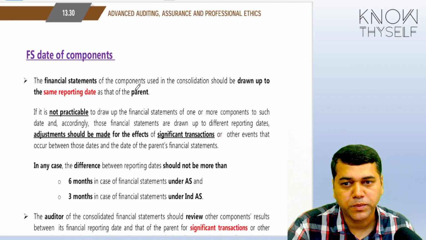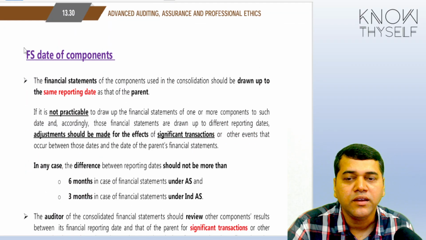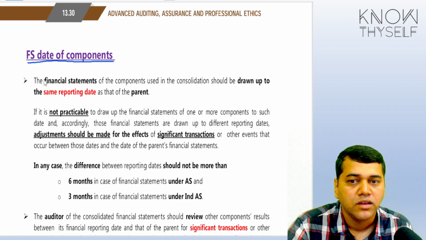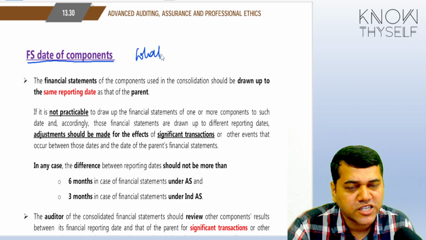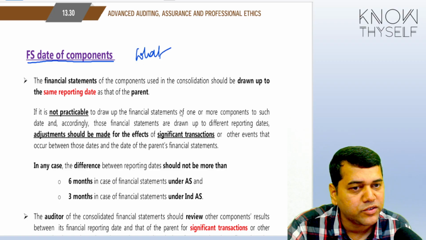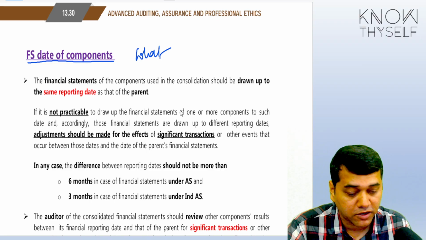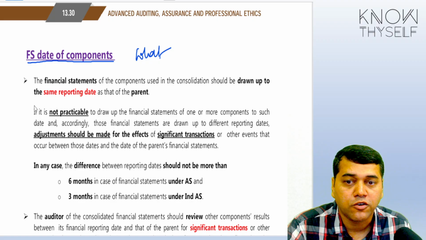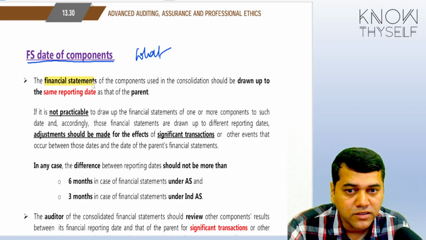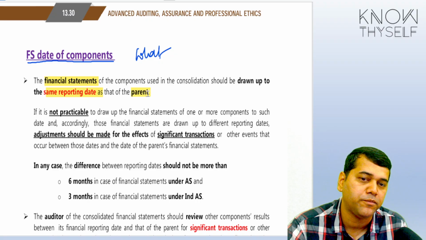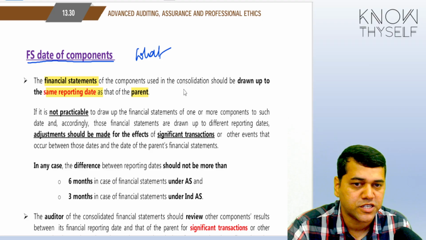Then one more special consideration is the financial statement date of the components. Previously we have seen some examples. Now, what is the special consideration I need to have as part of the current year adjustment? The financial statement of the component should be of the same reporting date as that of the parent. Both should be of 31st March.